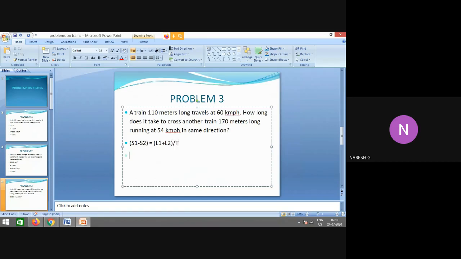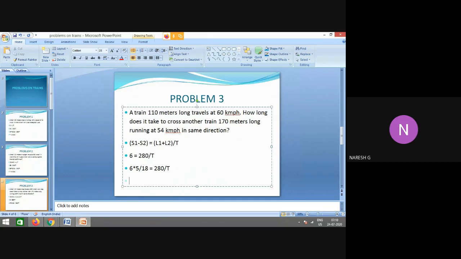So one train speed is 60 km per hour, another train speed is 54 km per hour. So 60 minus 54, 6 km per hour equal to train length 110 plus 170, altogether 280 divided by time. So convert that kilometer per hour to meter per second. 6 into 5 by 18 equal to 280 divided by t.